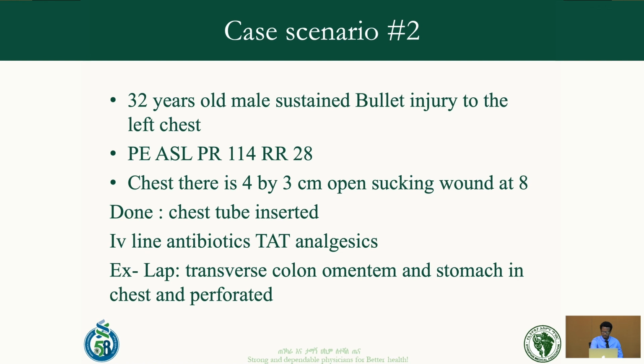We went immediately into the operation room because this patient had omental tissue coming through the chest tube insertion site during the insertion of the chest tube. So we performed an exploratory laparotomy, and the intraoperative finding was significant transverse colon perforation after being pushed into the diaphragmatic defect, and there was perforation of the stomach with herniation into the chest cavity.